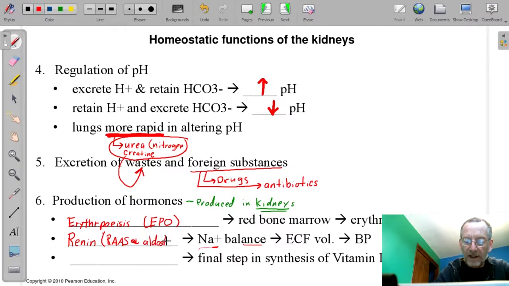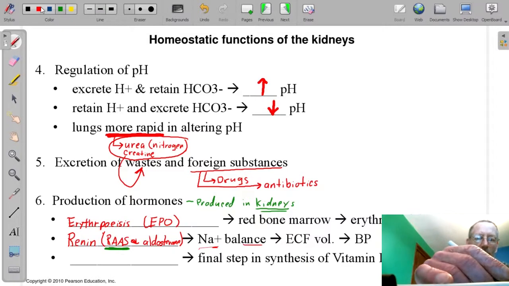Now be clear that aldosterone is not produced in the kidneys. Renin is produced in the kidneys and stimulates indirectly the release of aldosterone from the adrenal cortex. So you might want to go back and make sure that you remember RAS. That's an important system that I will ask you to remember throughout the quarter.